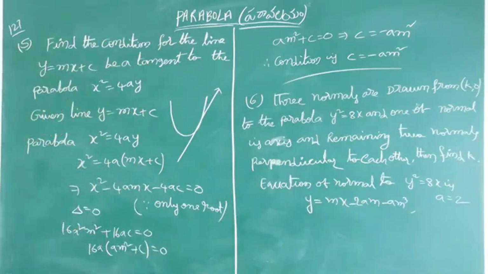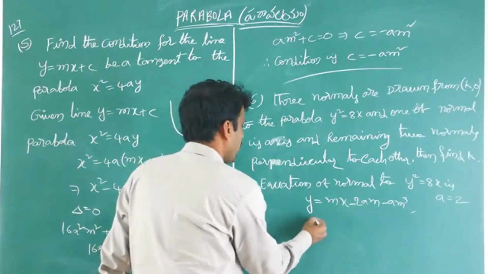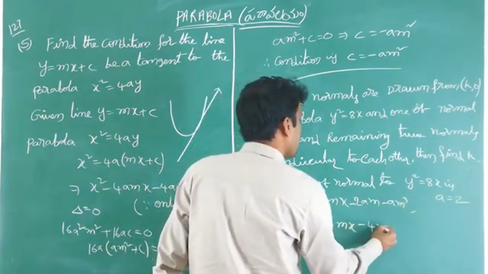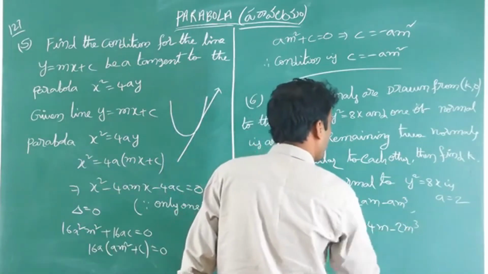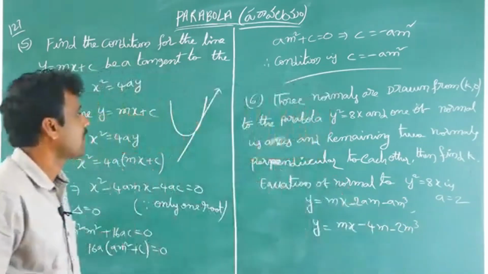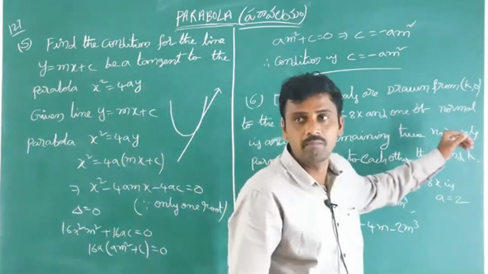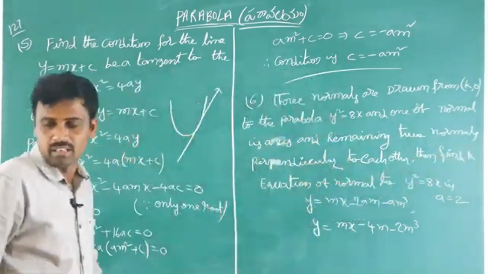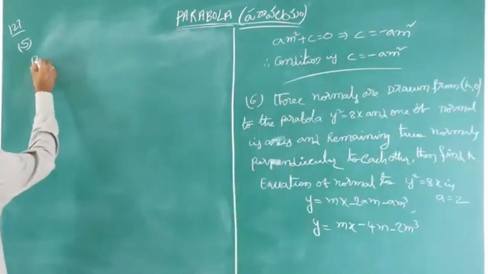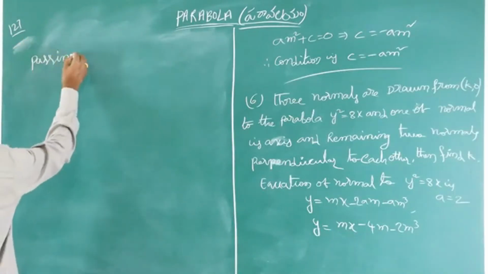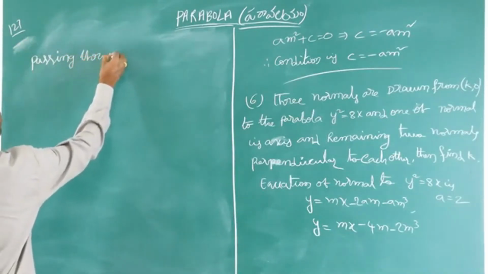Therefore, the normal is y equals mx minus 2a m minus a m cube, that is y equals mx minus 4m minus 2m cube. That is passing through the point k comma 0.